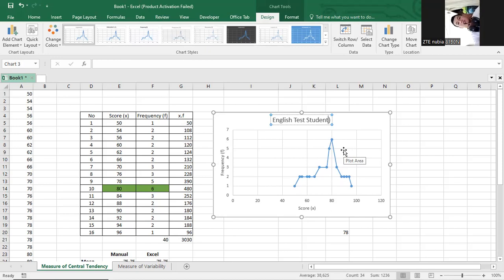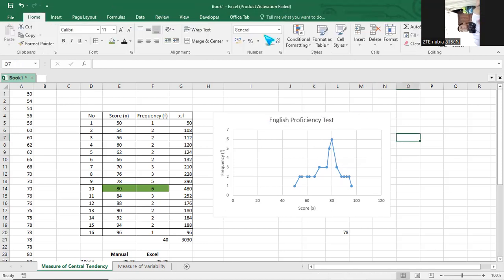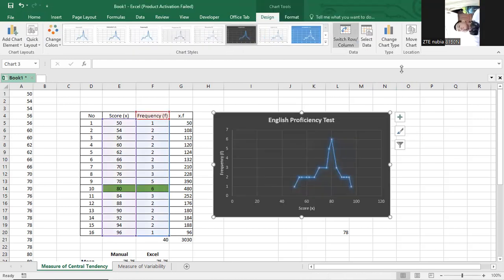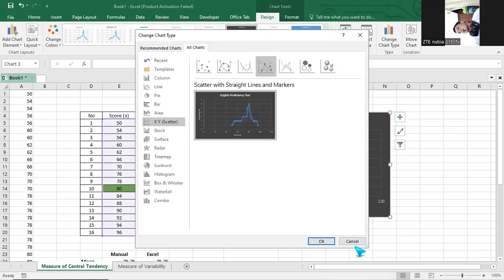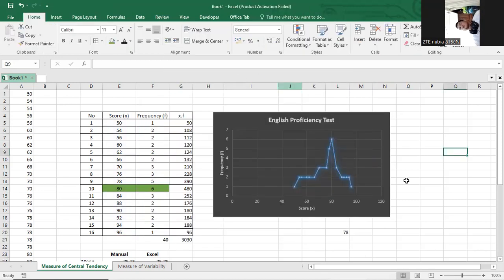Proficiency test of English student. English proficiency test. We can even change the theme if you want. Here we can also change the chart type, but at this time we just use the polygon one.